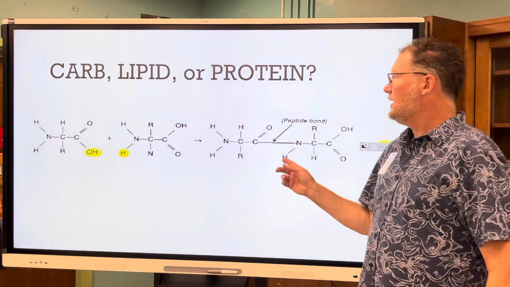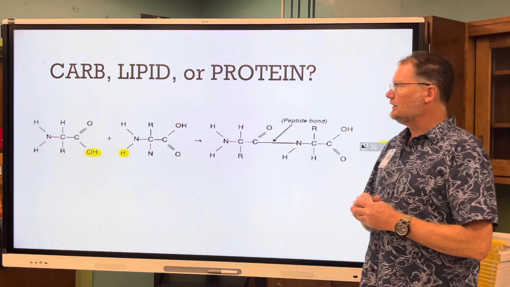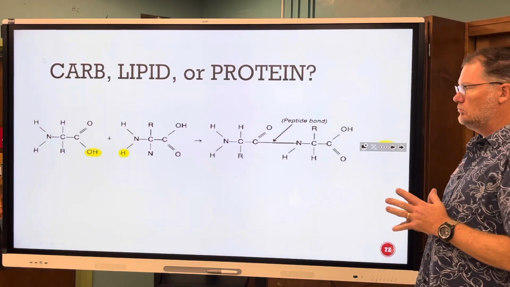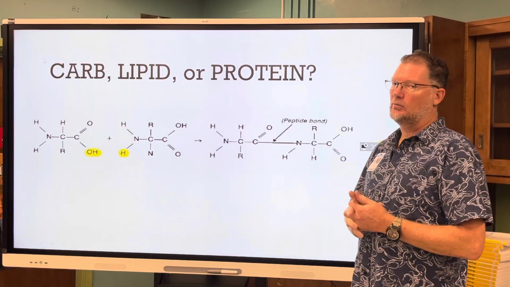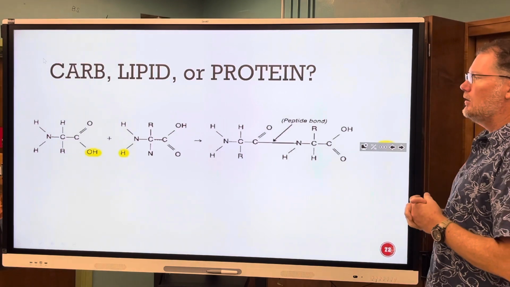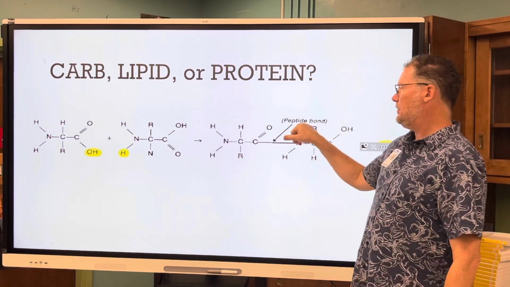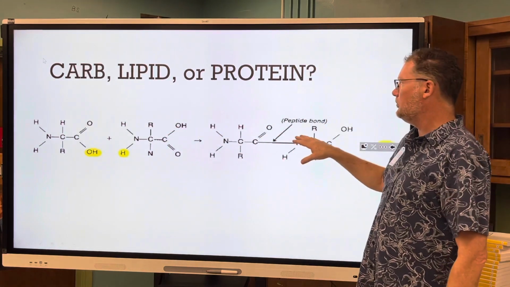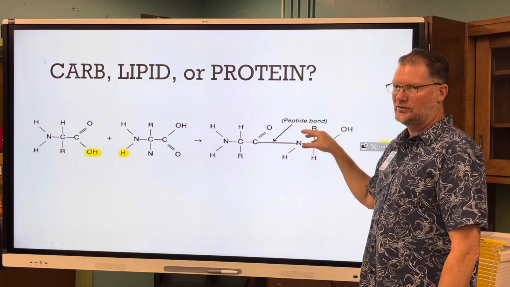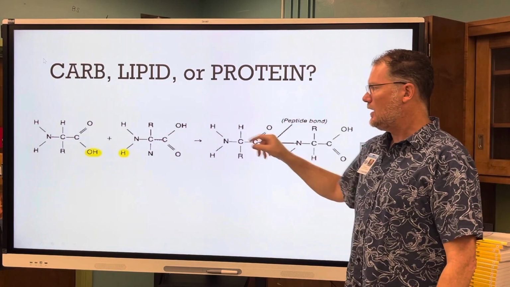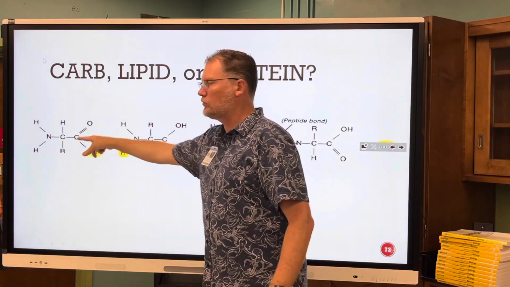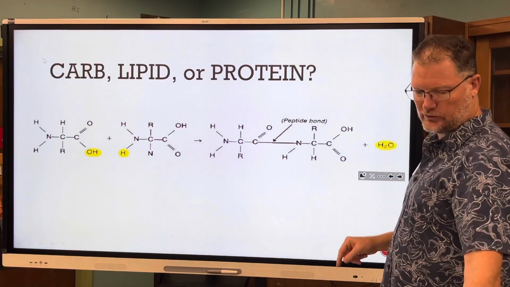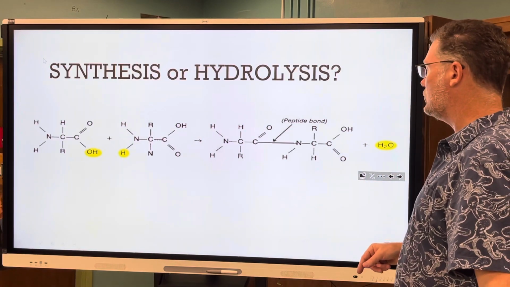So is this a carbohydrate, a lipid, or a protein? Think about it for a moment. Well, it's got a peptide bond and it's got R groups. So this is going to be a protein or a dipeptide, right? And those two are amino acids with the different R groups. And this is, of course, going to be a certain kind of chemical reaction.